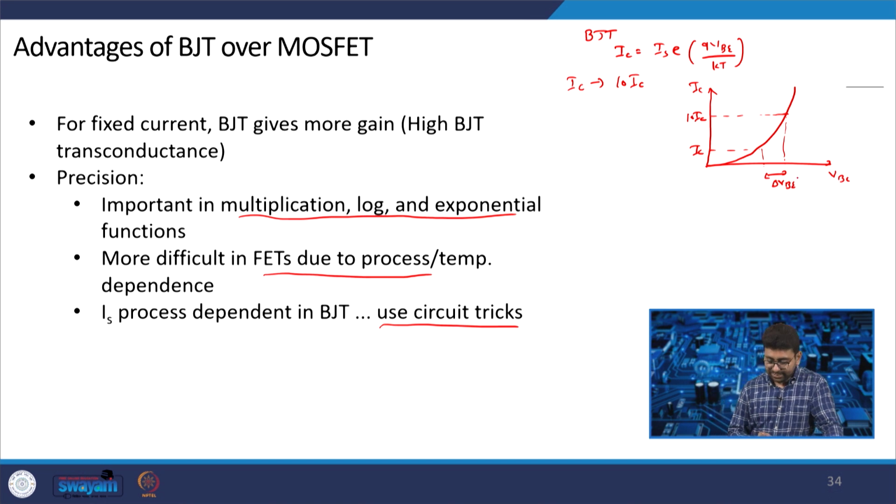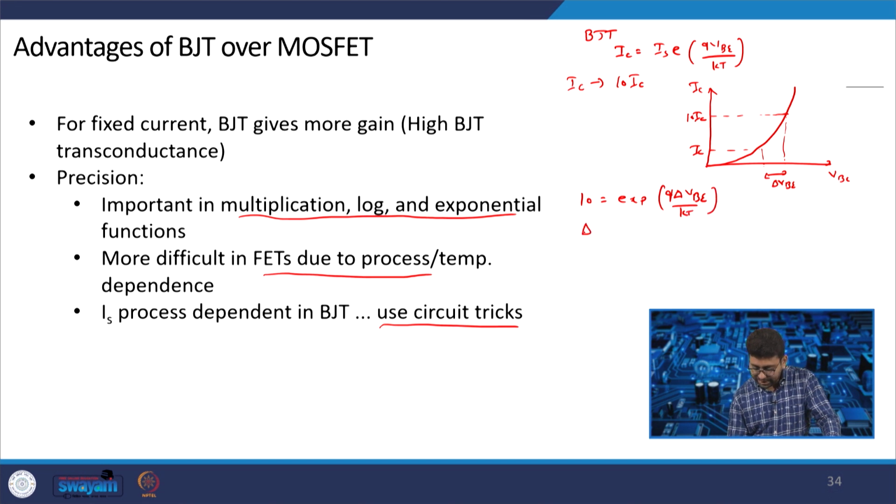In this case, we can write 10 is equal to exponential, because IS will be cancelled out, of Q into delta VBE by KT.